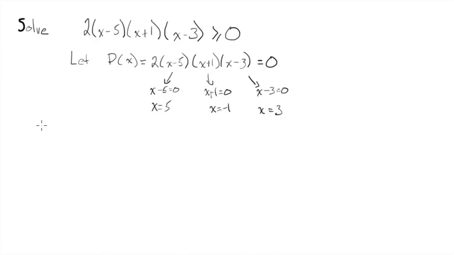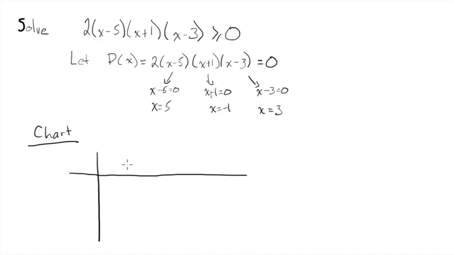Let's do the chart first. So let's say you're doing a chart. Along the top of your chart, set up your intervals. So you're going to go from negative infinity to your smallest zero, which would be negative 1. From negative 1 to your next smallest, which would be 3.